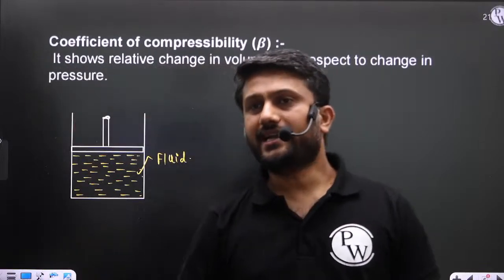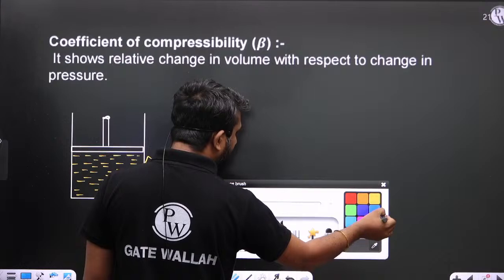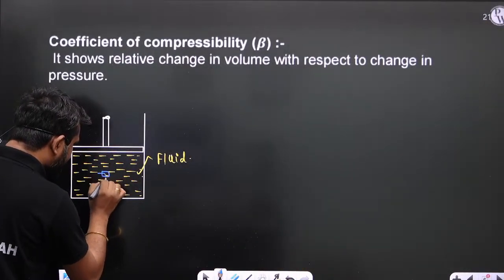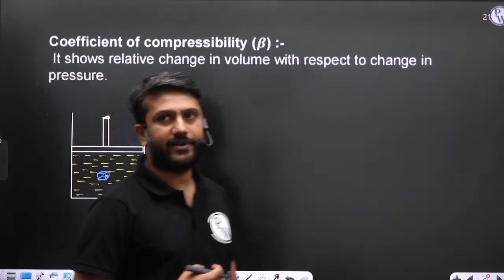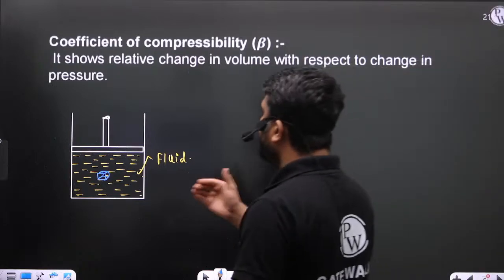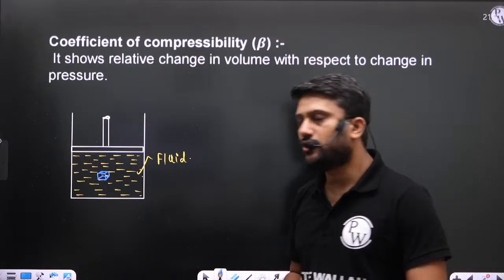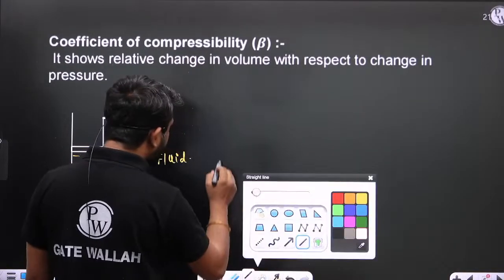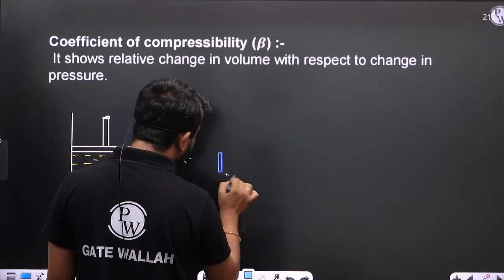Now let us consider a small fluid element here. So this is the small fluid element. If you exaggerate this small fluid element, or draw its free body diagram, see here beta, this is the free body diagram of this small fluid element.